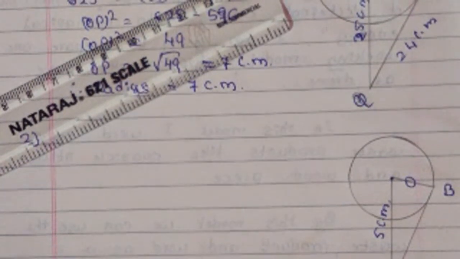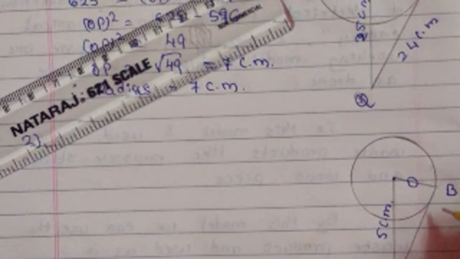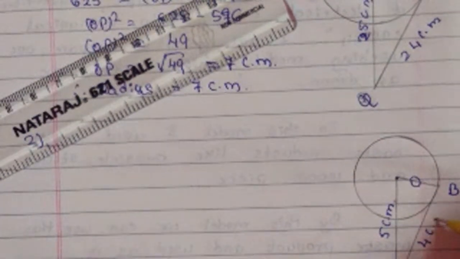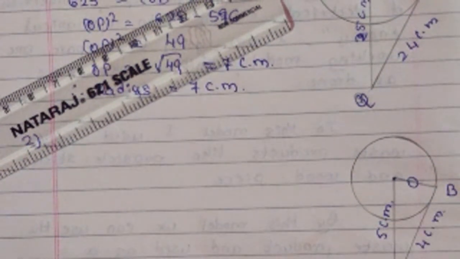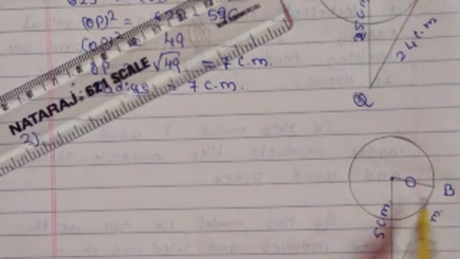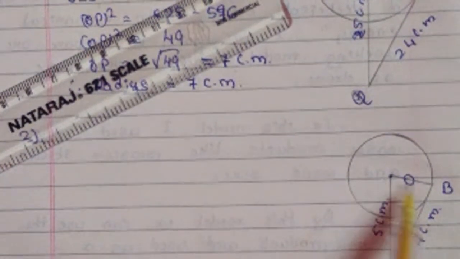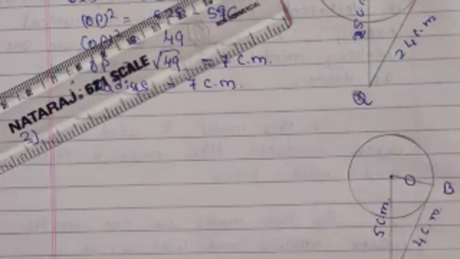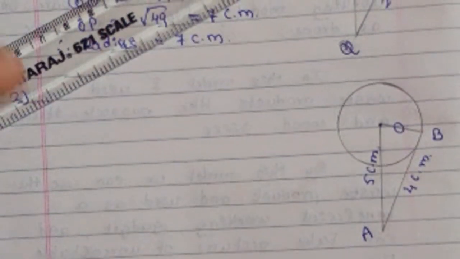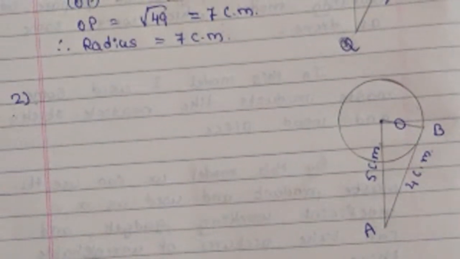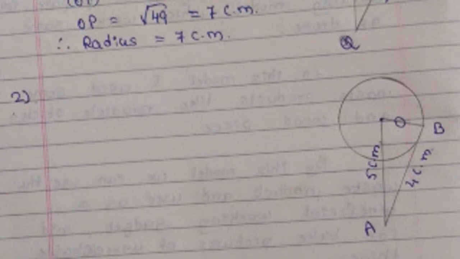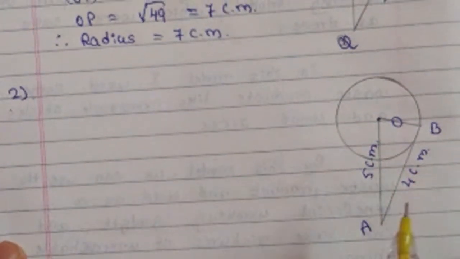Therefore AB is the tangent, it is 4 centimeter. Find the radius of the circle. Now we have to find the radius, that is OB. So first we'll use the Pythagoras theorem.